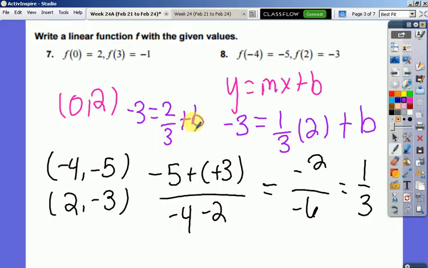Yes? So how do I solve for b? On this step here, subtract 2/3, right. So let me make some room down here.